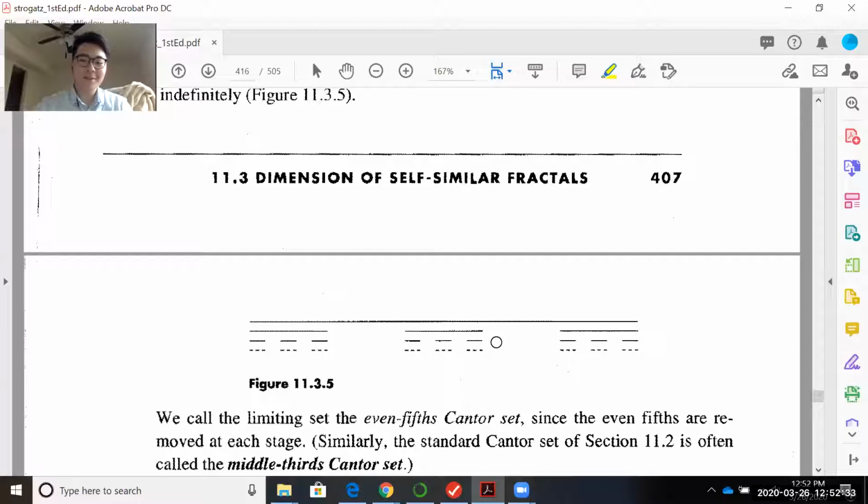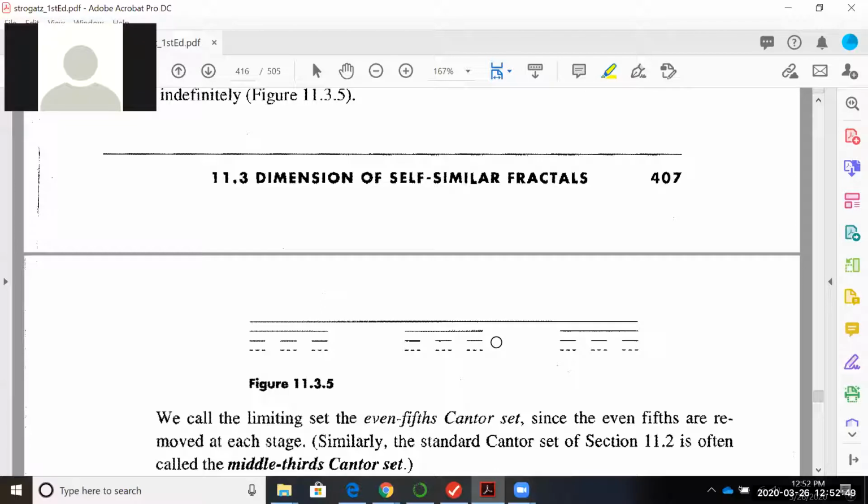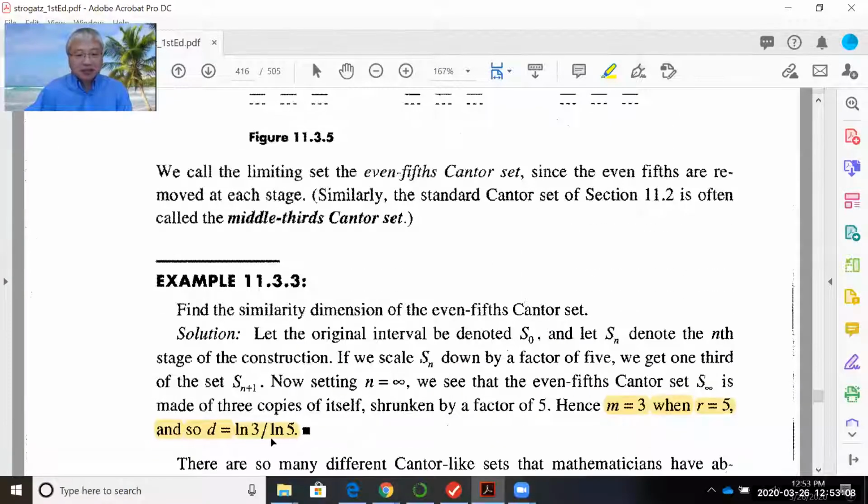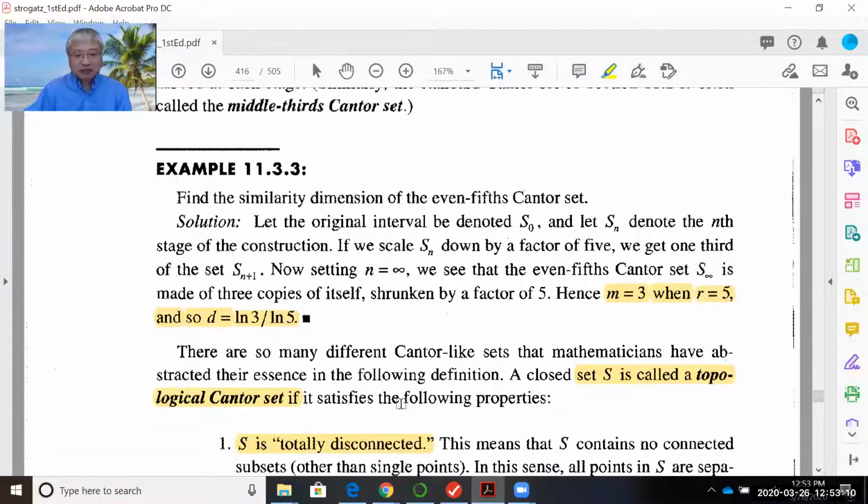Each iteration produces 3 copies and they're reduced by a factor of 5, so it's ln 3 over ln 5. Yes, that's why we reduce it by a factor of 5 and get 3 copies of itself. So it's ln 3 over ln 5, right?